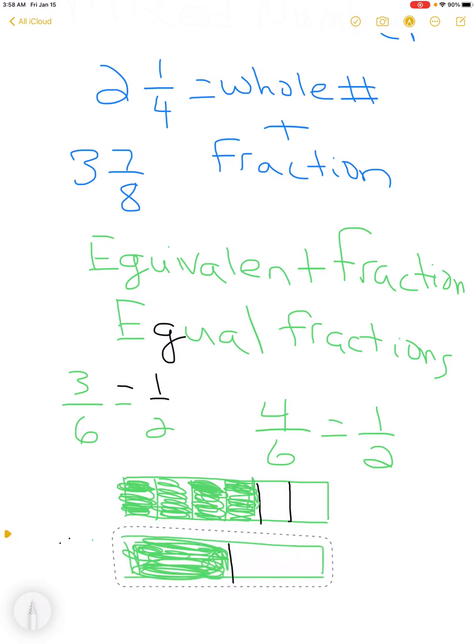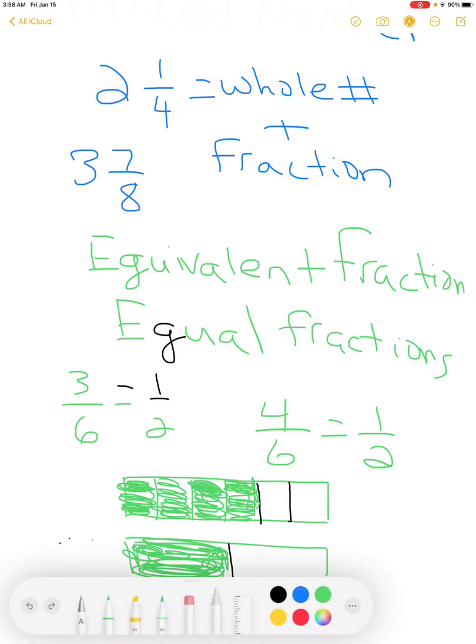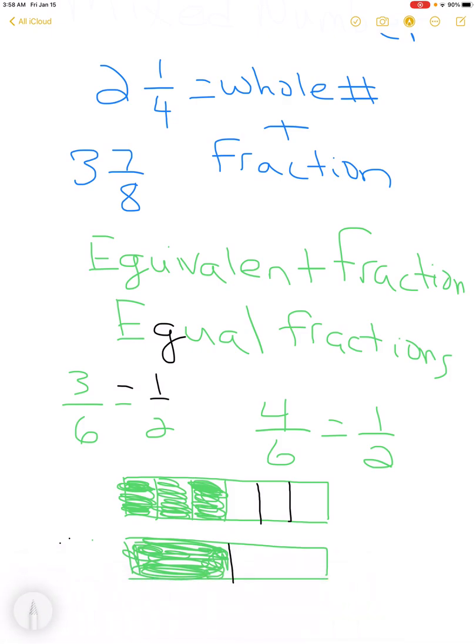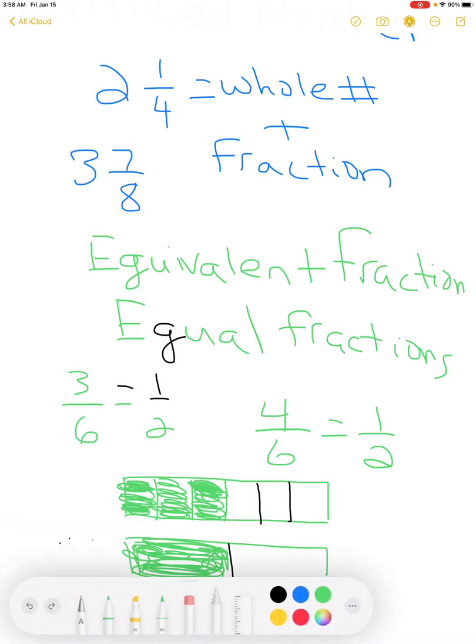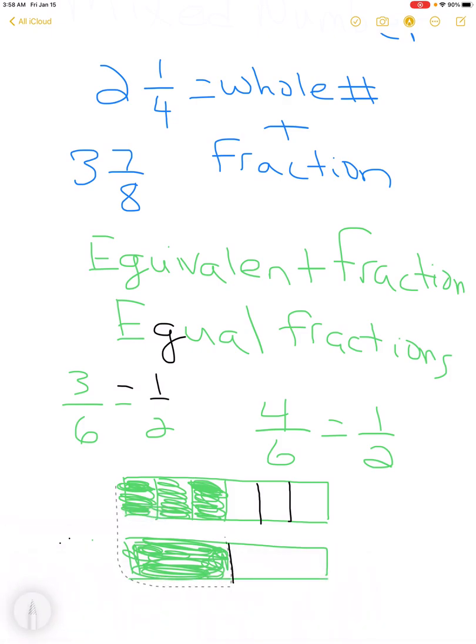So 4/6 is longer than 1/2. Now let me erase. But since our fraction was 3/6, 3/6 is about the same length as 1/2. So that equals equivalent fractions.